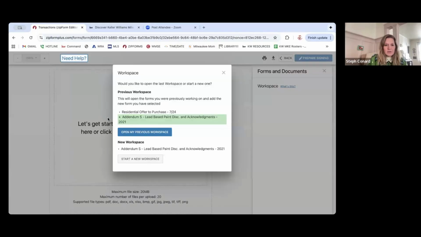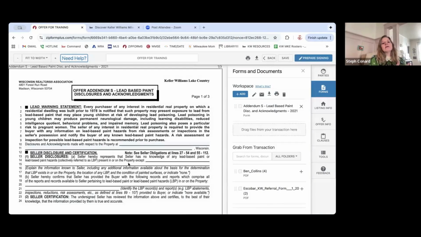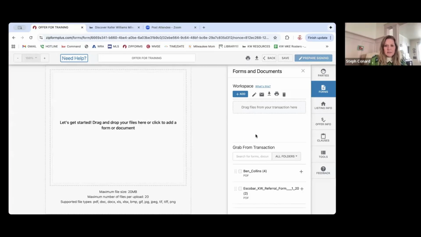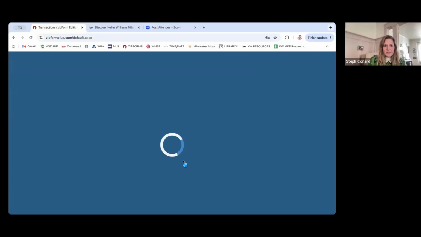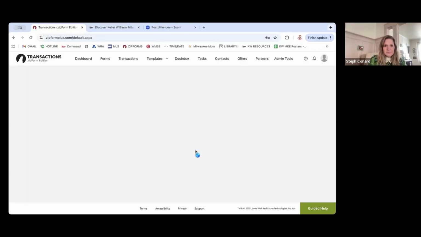You guys might see this Addendum S included in properties built after 1978, and that's just fine. If it's included in an offer, it is fine to still include it, even if it's built after 1978.